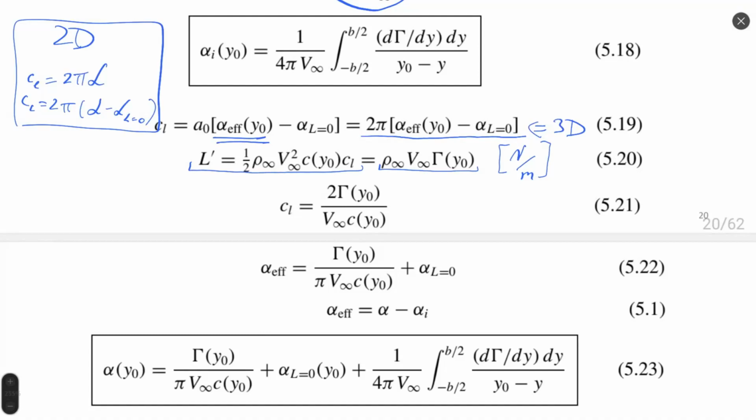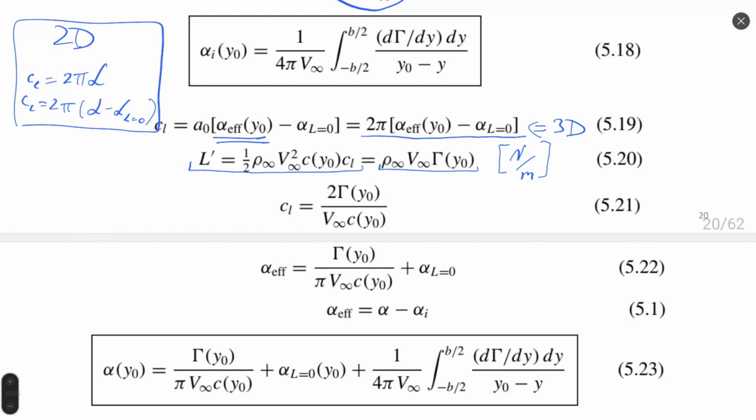This is the lift from equation 19. It's the same as we had in equation 19, but we rewrote it: from equation 19, we obtain equation 22 once we substitute lift coefficient as a function. So we combine equation 19 and 21, and we obtain equation 22 for effective angle of attack. And from geometrical relations, we already knew that effective angle of attack is the difference between alpha and alpha induced.